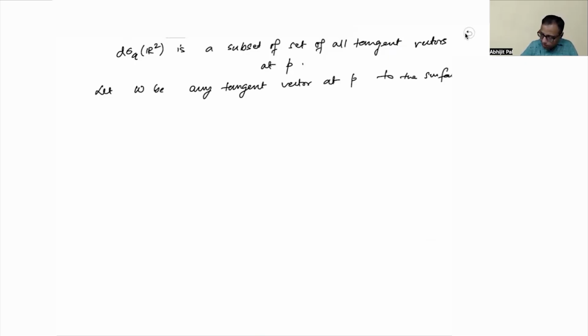So now again, let me draw this picture. So this is my surface S, and I have this point P, and I have some tangent vector.